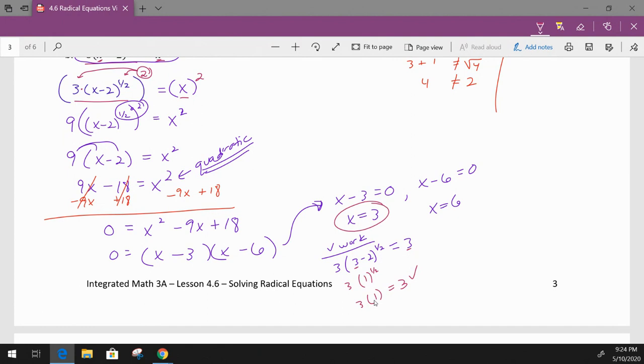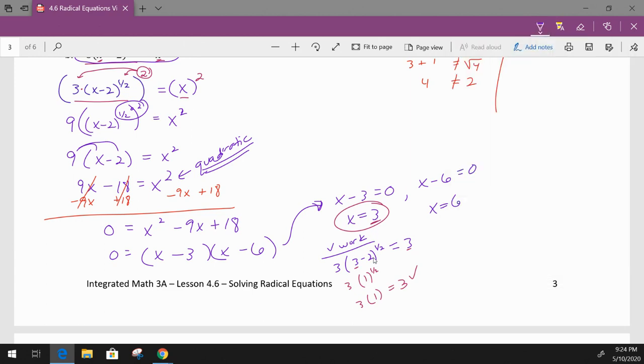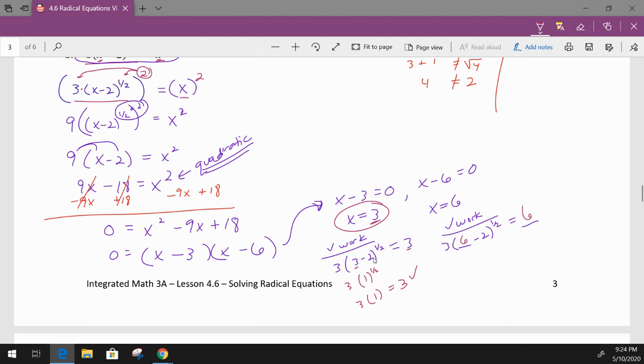So 3 is one solution. Now we have to check the second solution. So again, this is check work. So again, we got 3 parentheses x minus 2 to the 1/2 power equals x. But in place of x this time, we are going to replace with 6.